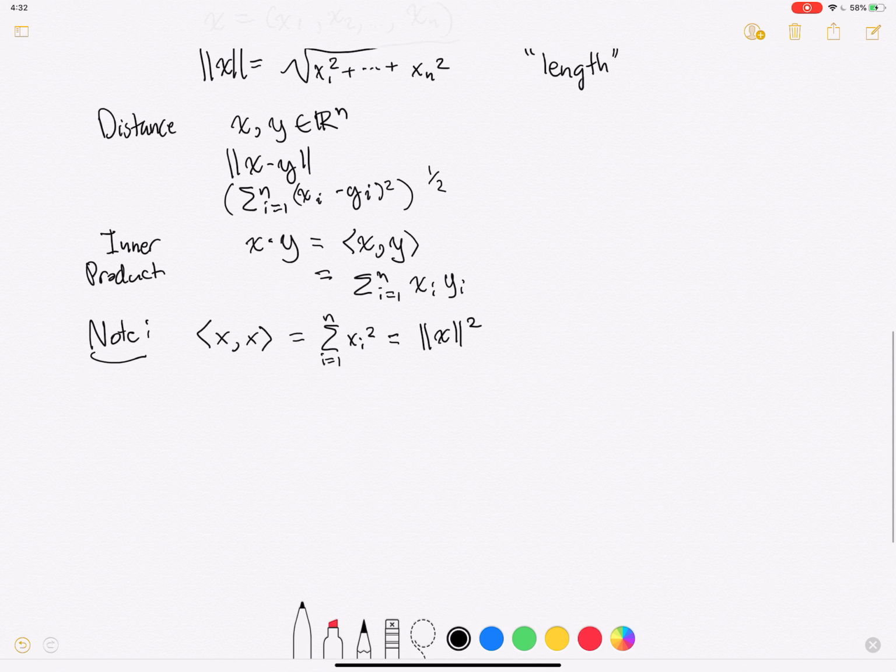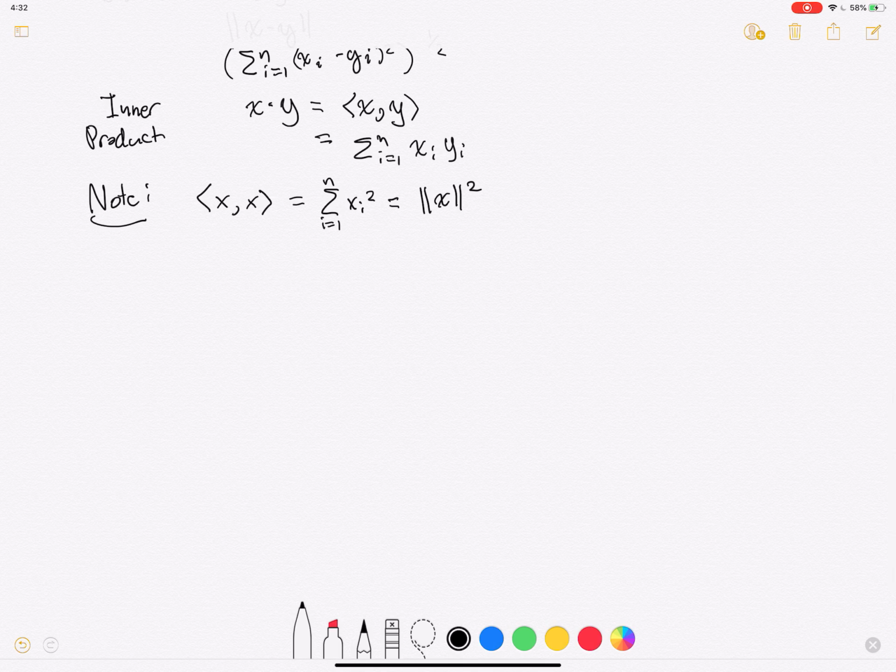Okay, some properties that we're going to use. Property: this is the Schwarz inequality, or Cauchy-Schwarz, I mean to say.